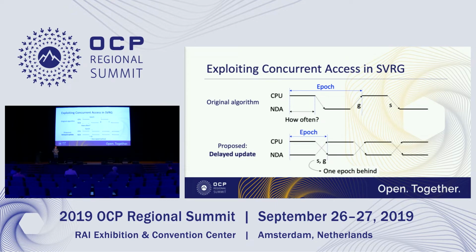But what I am proposing here is delayed updates. Instead of waiting, we access these two concurrently, using a stale S and G term, which is from one epoch behind. So the per-epoch time will be shorter, but we might need to execute more epochs because of this staleness. This is the main trade-off in this algorithm.